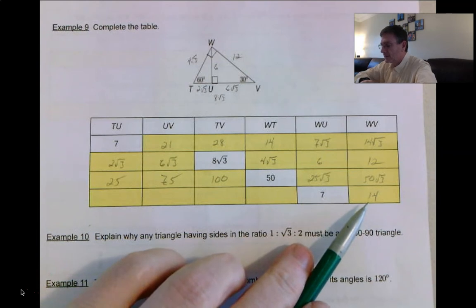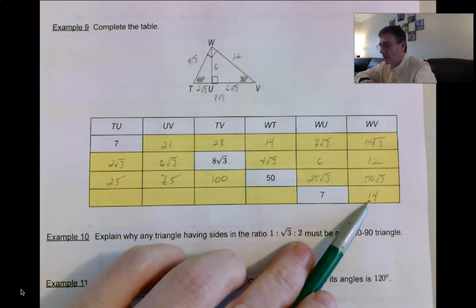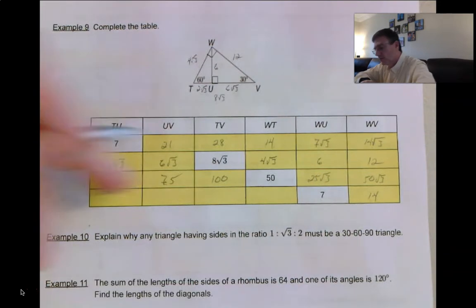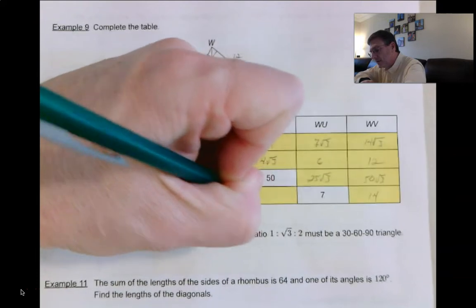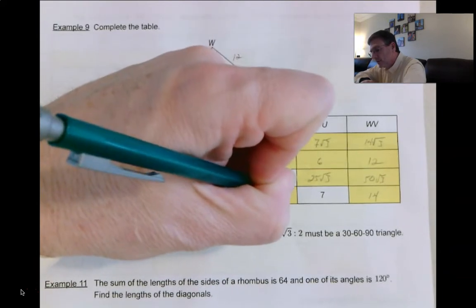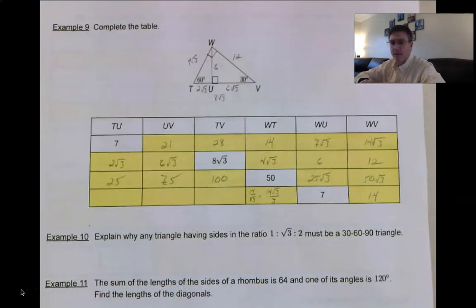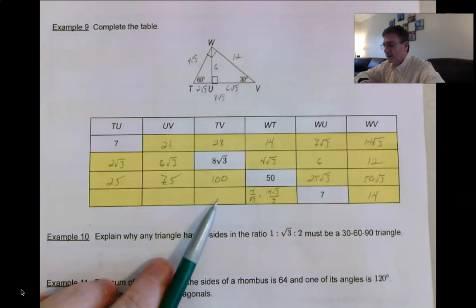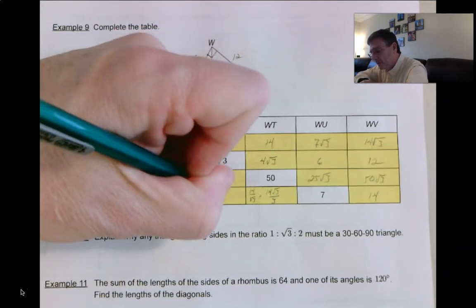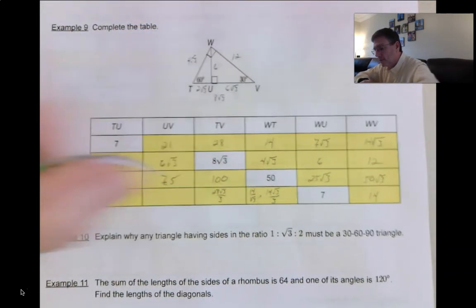If this is 7, this is 14. If this is 14, then this one here is 14 divided by the square root of 3. 14 over the square root of 3, or 14 square root of 3 over 3, making the algebra teachers happier. This is double that, 28 square root 3 over 3.